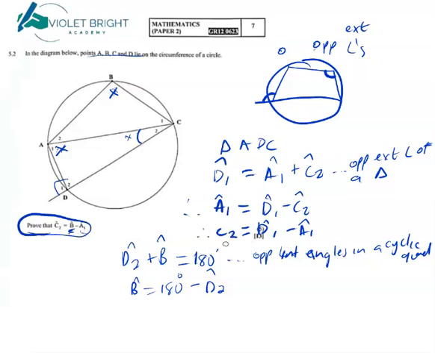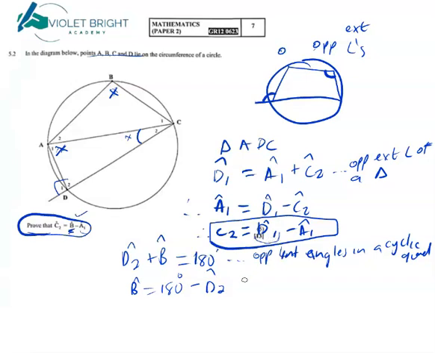Which is this one, so now d1, and even though here we don't have d1, we cannot really prove that it is there. So we have to find d1 in terms of b.